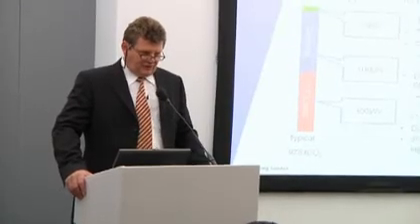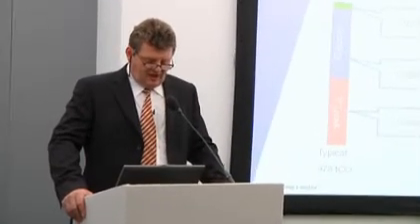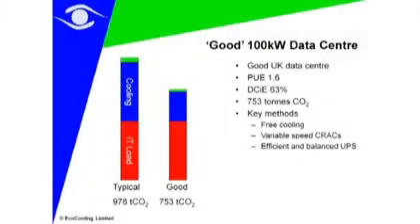So if you look at your 100 kilowatt data center, typical thing, you'll have 100 kilowatt going into your IT load, maybe 100 kilowatts going into your cooling system, and 8 kilowatts into things like UPS losses and distribution losses and transformers. Good data center, like M247, running at about 1.6, but still probably 50% equivalent of their IT load going into their cooling system, using good quality CRACs.